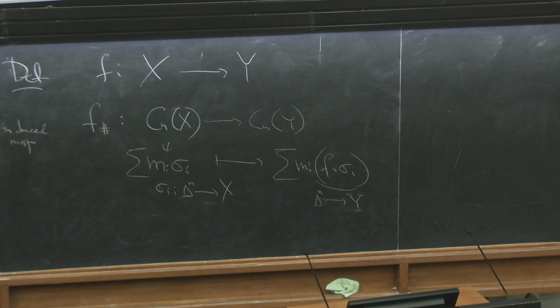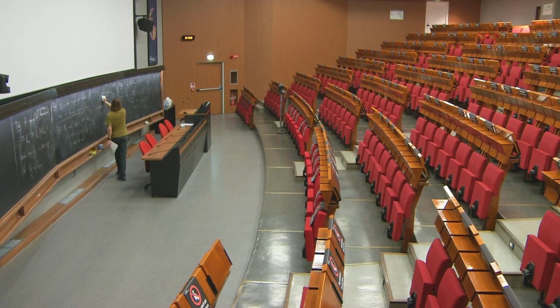Of course, our goal is to define an induced map on homology groups. To do that, we need to study how this composition is related to the boundary. Essentially, this composition respects the boundary homomorphism, which we use to define homology groups. This is given by the following proposition.